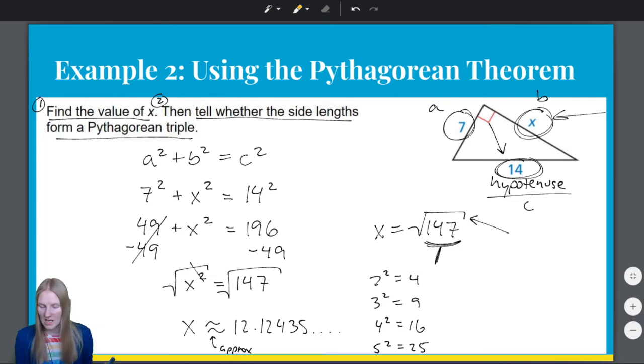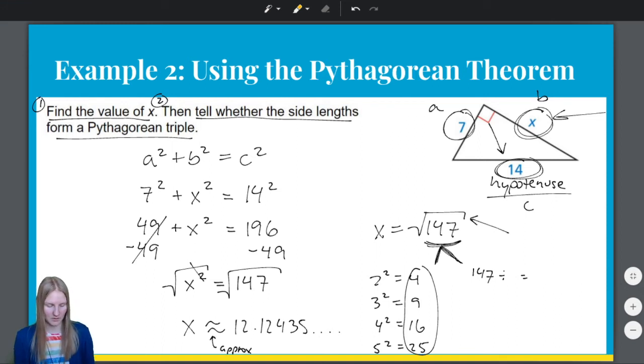We want to see, can I divide 147 by any of these numbers? Any of these perfect squares is what they're called. So let's try. Let's take 147 divided by 4. Oh, if I take 147 divided by 4, I get a decimal. So that doesn't work. I don't want decimals.